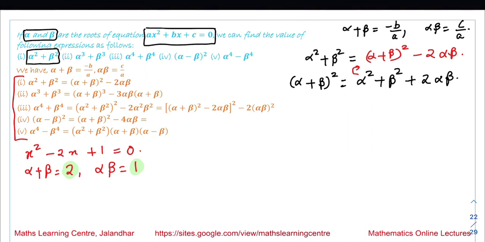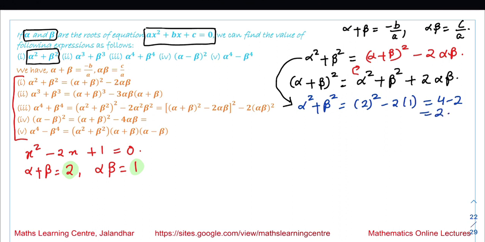One method is that you calculate the roots, find the values of alpha and beta and solve it, but it is not always possible to find alpha and beta if the equation is somewhat complex. So in place of doing this, to calculate alpha² + beta², we will use this formula. Alpha + beta is 2, squared, minus 2 into 1. So the answer is 4 - 2 = 2.